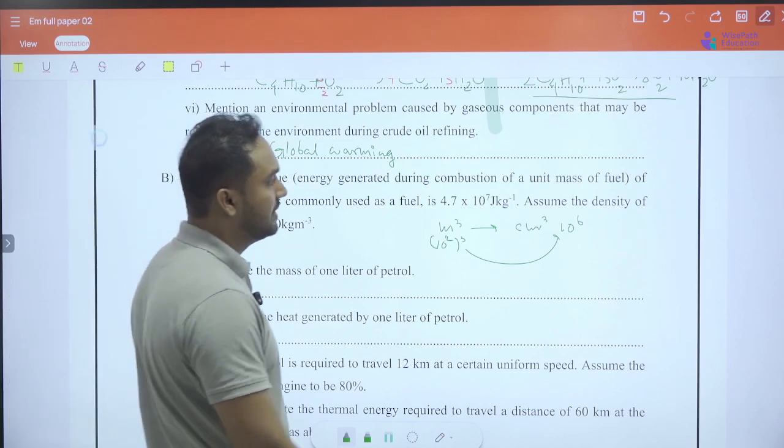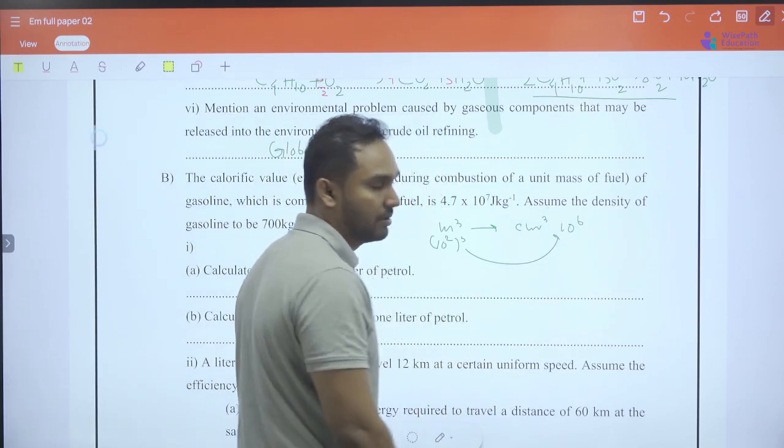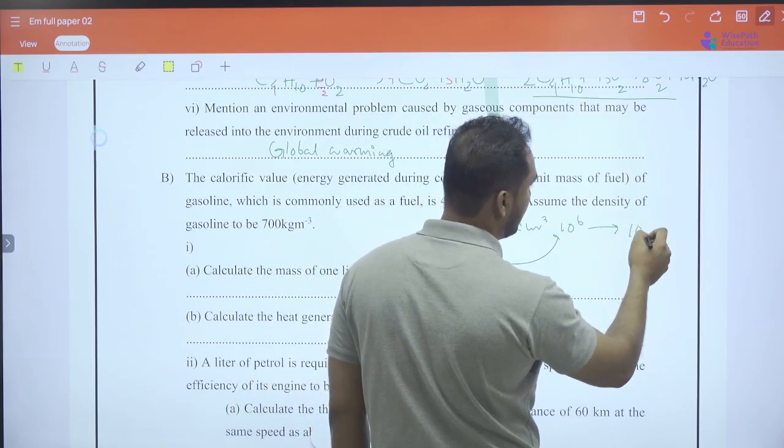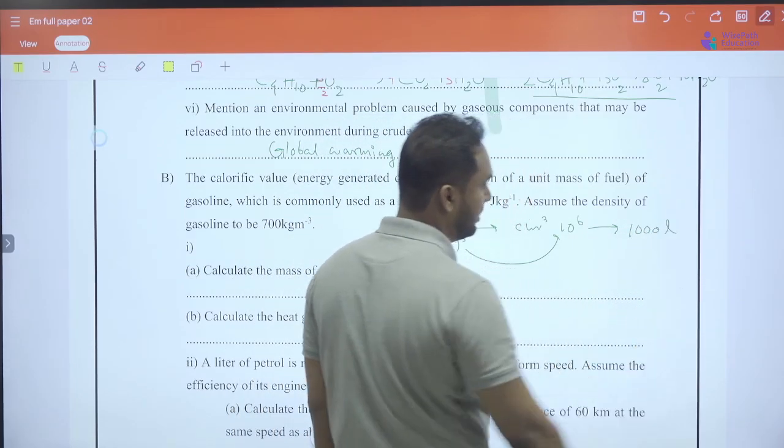Now 1000 of these is equal to 1 liter, so that will be 1000 liters.